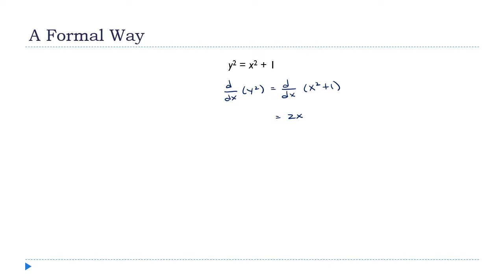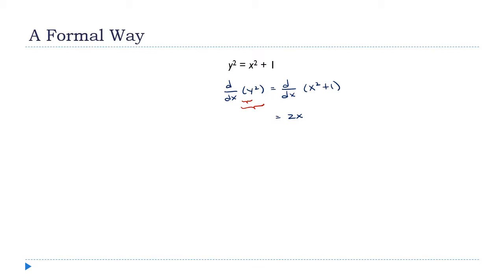On the left side, what I need you to see is that this is a chain rule situation. Remember, y is a function of x. So thinking in terms of the language we use for the chain rule, y is my inside function, and this squared is my outside function.